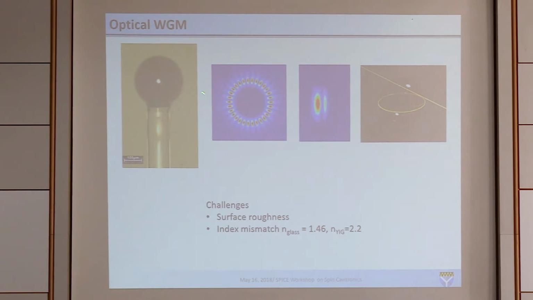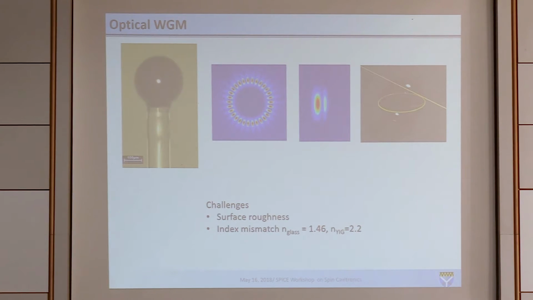Another challenge is that the coupling of light to this high index material is not straightforward. And that's more of a technical problem. The easiest approach is just to pull the fiber and let the light come out of the fiber to couple to the sphere.